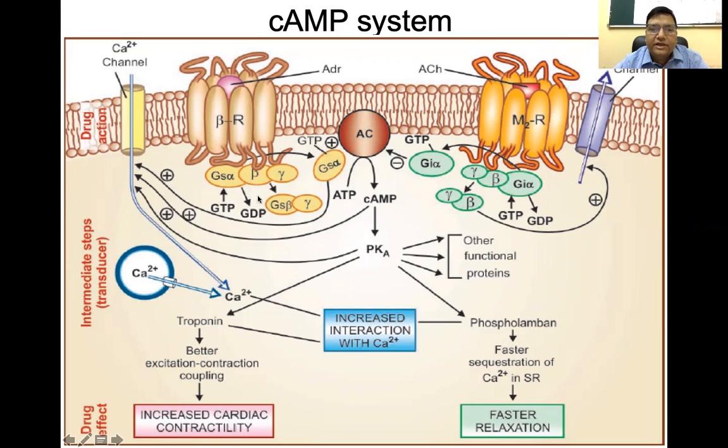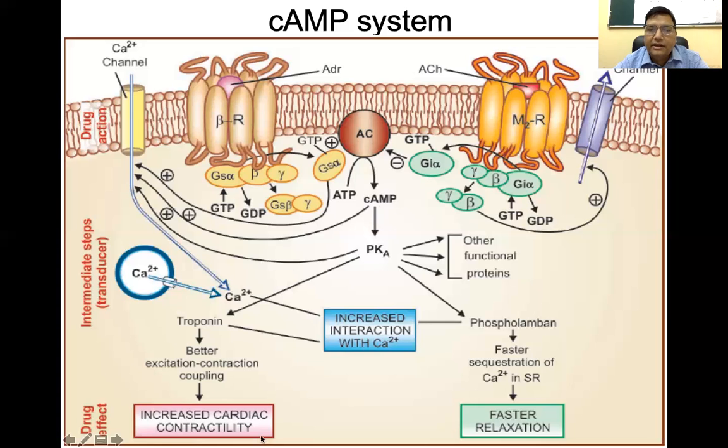After the binding of the agonist and hydrolysis of GTP, the G stimulatory alpha moves and binds to the adenyl cyclase enzyme, which is present on the inner surface of the biological membrane. This leads to the conversion of ATP into cyclic AMP, and this cyclic AMP is the secondary messenger.